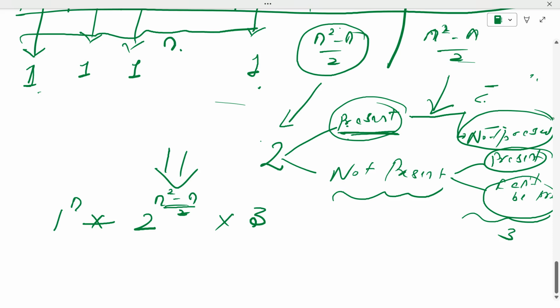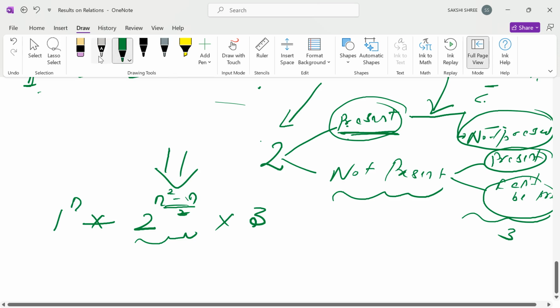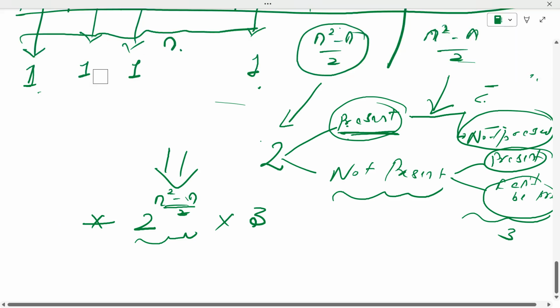Okay, so we shouldn't be doing it this way. We can't take this together with multiplication, because we don't know whether it is present or not. So let me simplify it in a better way.